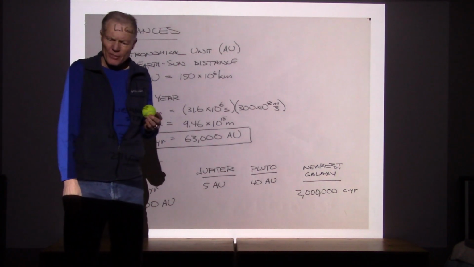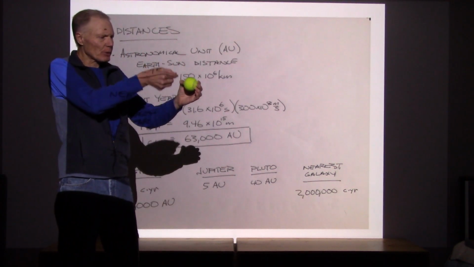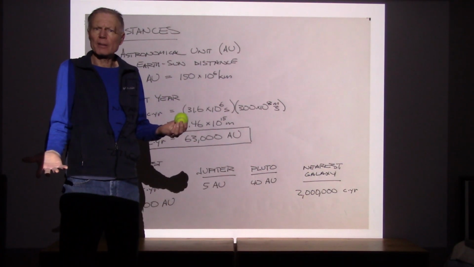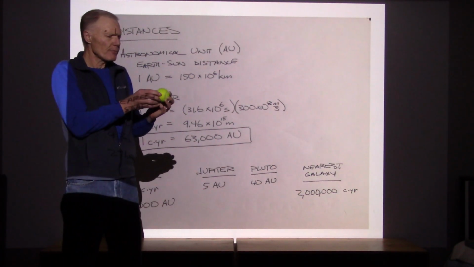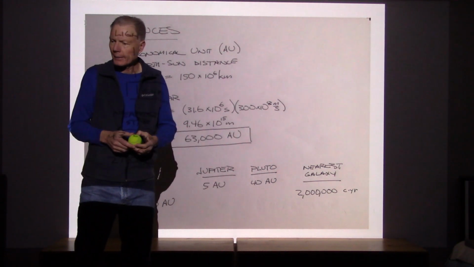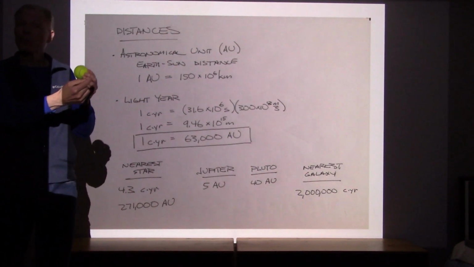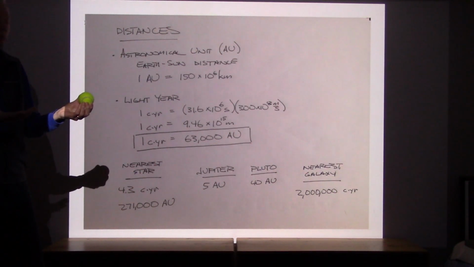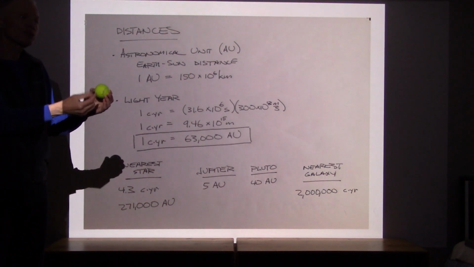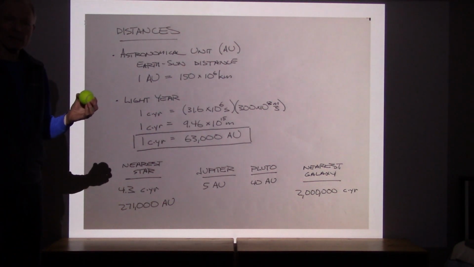So in terms of diameter, the Sun's 100 times the diameter, but let's think in terms of volume. If the Sun is 100 times the diameter of the Earth, then in terms of volume we'd have to cube that, because to get a volume we need to cube the radius, which is proportional to the diameter.